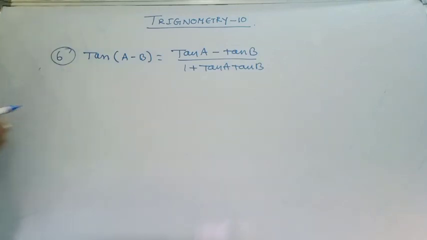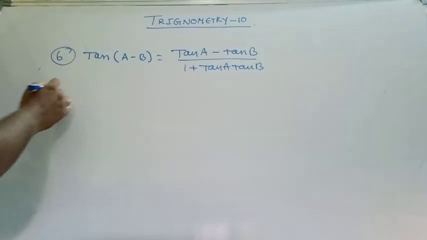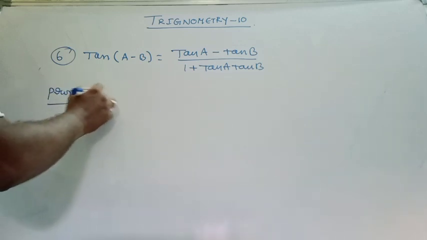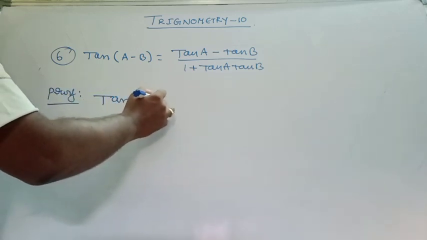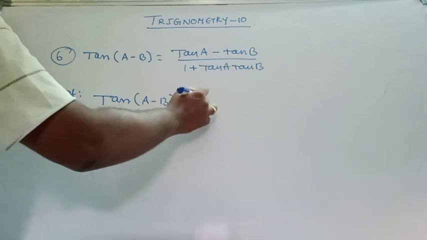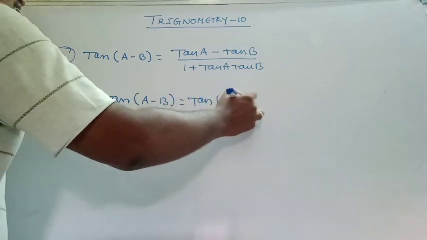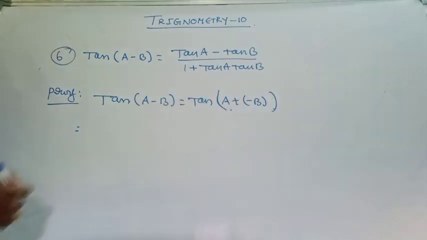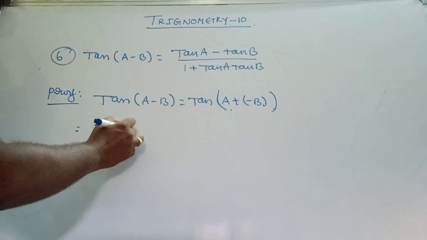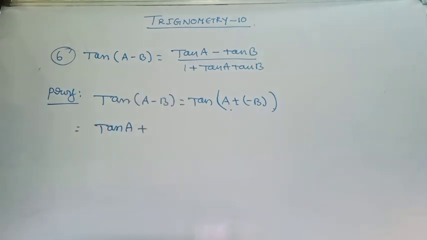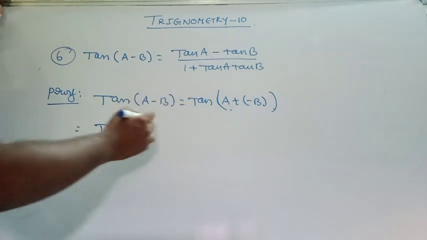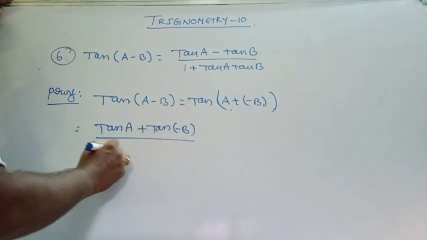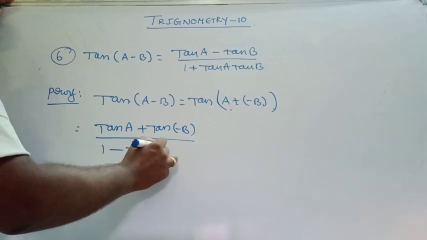We already proved, okay, see here how we are going to do the proof. Tan of A minus B, you can write it as tan of A plus of minus B. Wonderful. Now you already derived the tan(A plus B) formula. This is now (tan A plus tan of minus B) over (1 minus tan A tan of minus B).